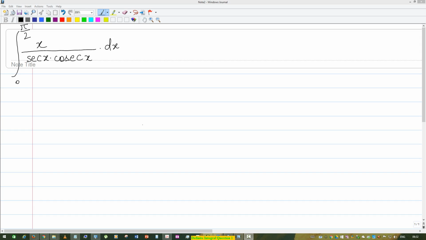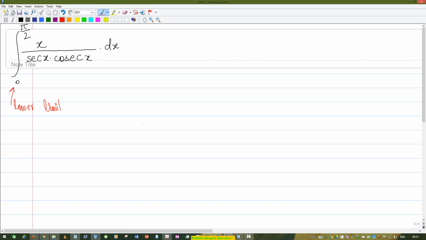Okay, so one of my students had asked this question of this definite integral, wherein this is particularly the lower limit of the integral, and this is the upper limit of the integral.